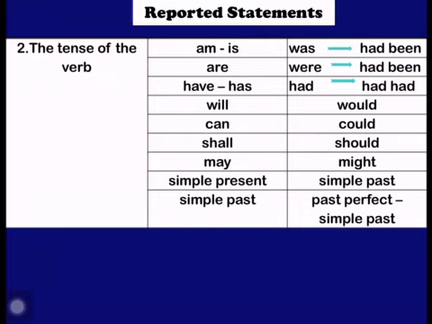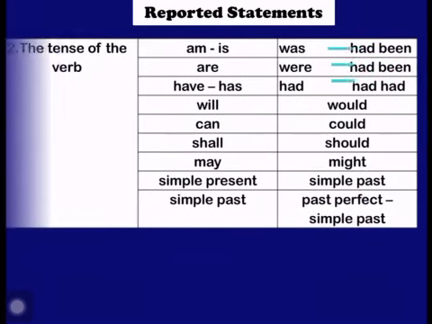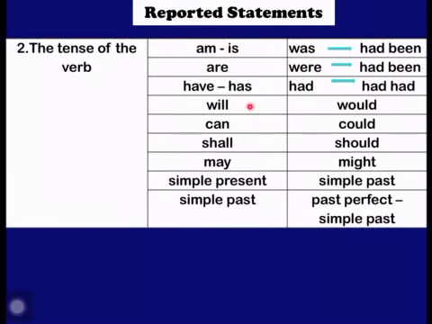And had changes into had. Will becomes would. But if I have would, it doesn't change. Can changes into could. And if I have could, it doesn't change. Shall changes into should. And should doesn't change. May changes into might. And might does not change.